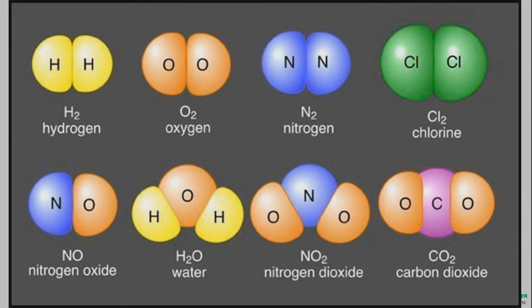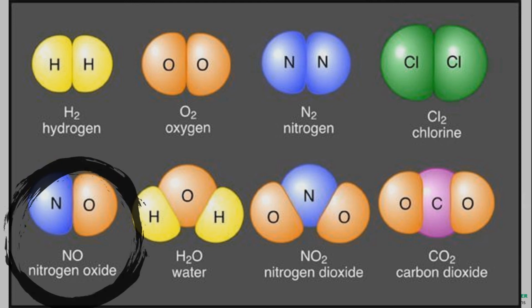It also says that molecules are composed of 2 or more different types of atoms, such as in this case, we have 2 different types of atoms combined. We have nitrogen and oxygen. Combined, we call it nitrogen oxide.